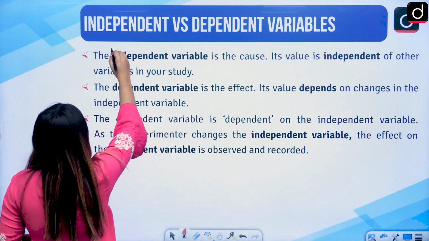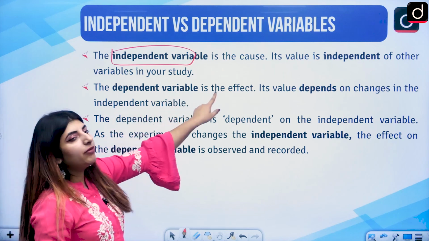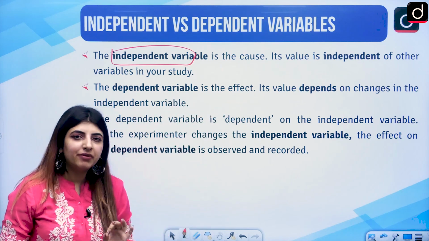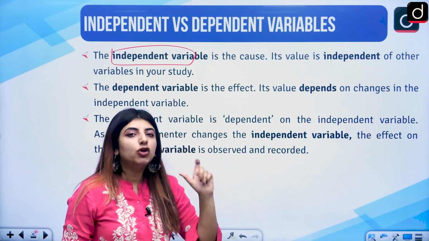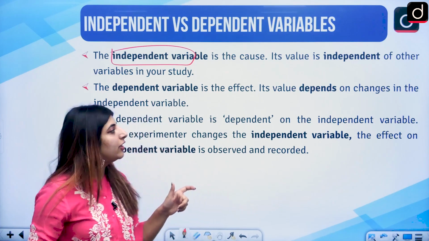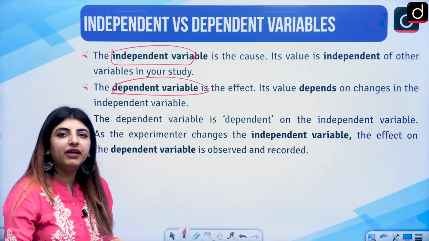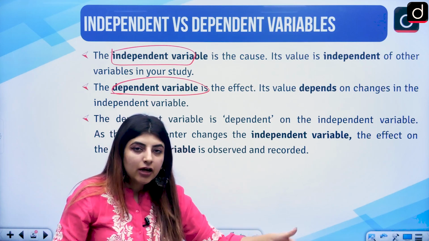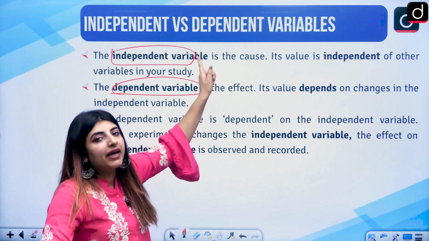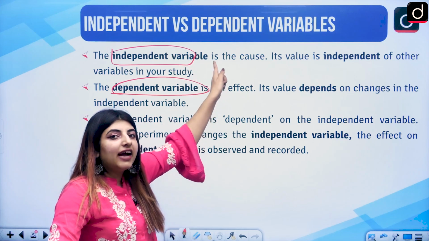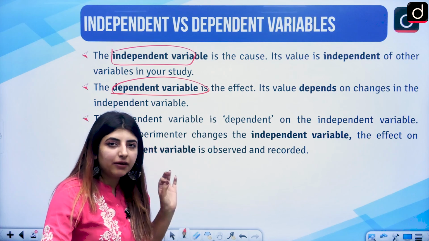First of all, we are going to talk about independent variables. You all are supposed to memorize this: the independent variable will always be the cause, and the dependent variable, on the other hand, will always be the effect. So whatever changes I am making in the independent variable will have a direct impact on the dependent variable.